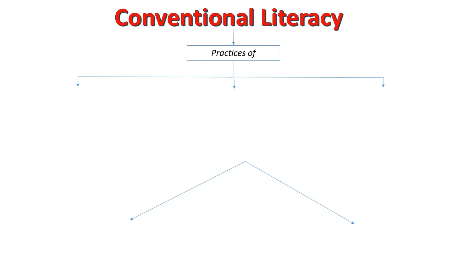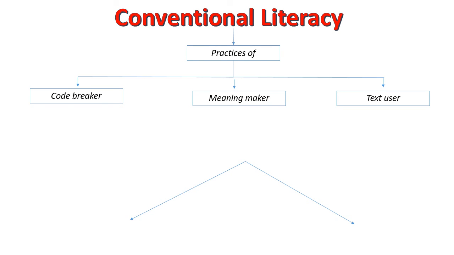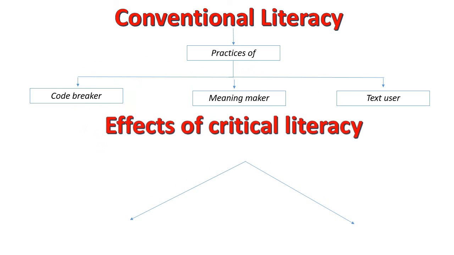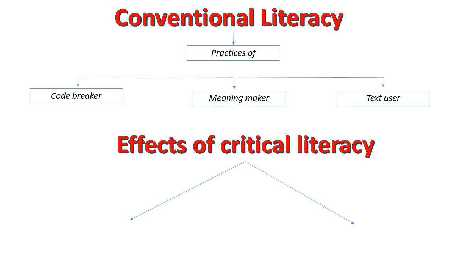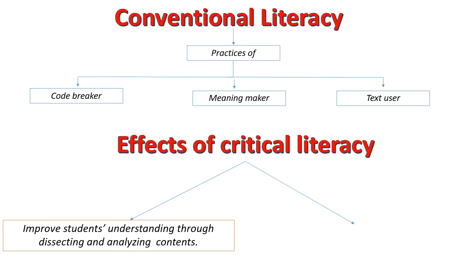Conventional literacy practices are code breaker, meaning maker, and text user. Effects of critical literacy: one of them is improving students' understanding through dissecting and analyzing concepts. Improve students' writing.